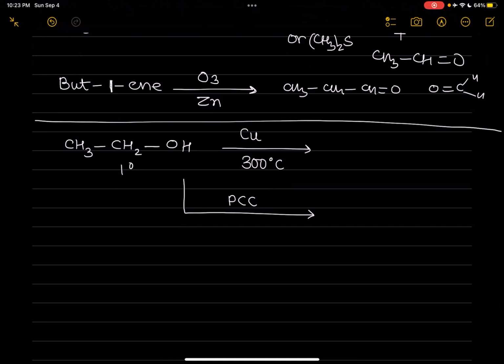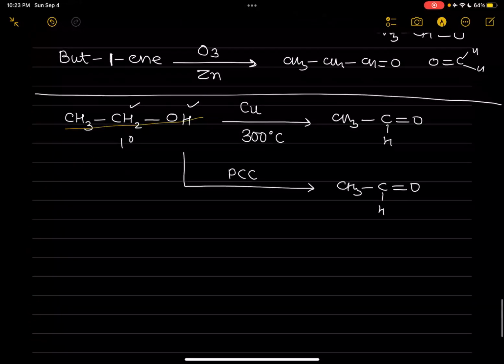So they will oxidize primary alcohol to aldehyde. You remove one H from here, one H from here. Is it clear? So you get CH3CH double bond O. This is also CH3CH double bond O. But don't take strong ones, these are mild oxidizing agents.